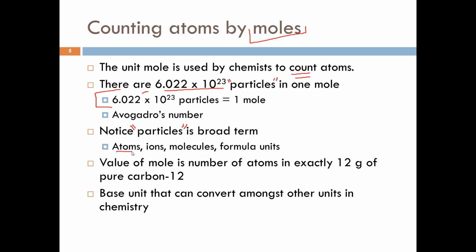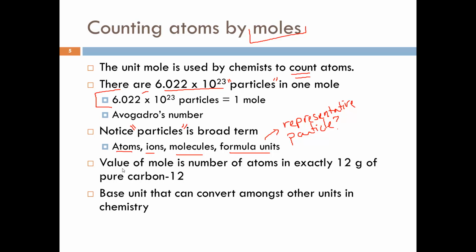That's because it can account for atoms, ions, molecules, and formula units. There are 4 different things it could be. So you have to figure out what the representative particle is before you can figure out how to use Avogadro's number.